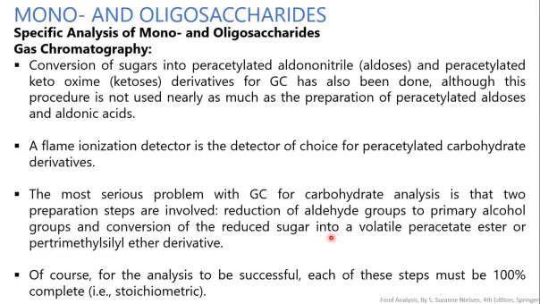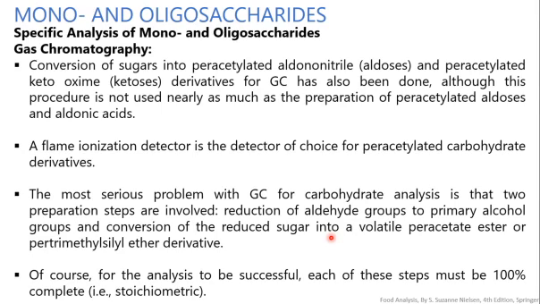That means there are two different reactions that have to happen. So for the analysis to be successful, each of these steps must be 100% complete. So there must be 100% conversion of that particular aldehyde, that means aldoses, into the alcohol, and finally the alcohol into the corresponding pentaacetate derivative.